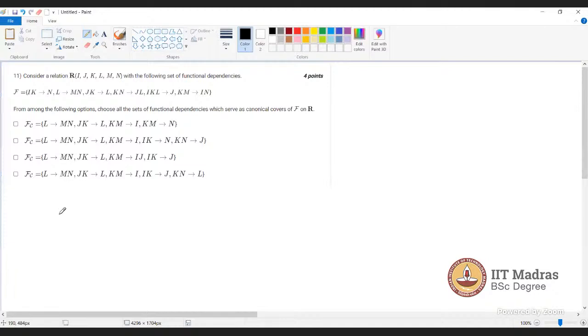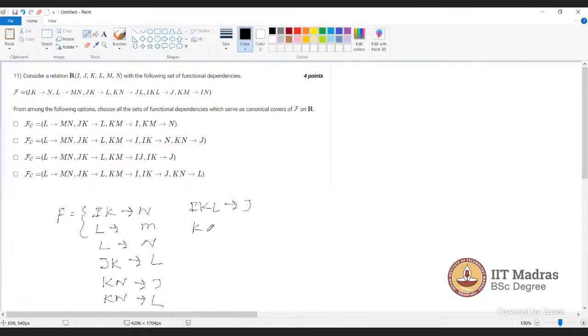The functional dependencies given: IK determines N, L determines M, L determines N, JK determines L, KN determines J, KN determines L, IKL determines J, KM determines I, KM determines N.